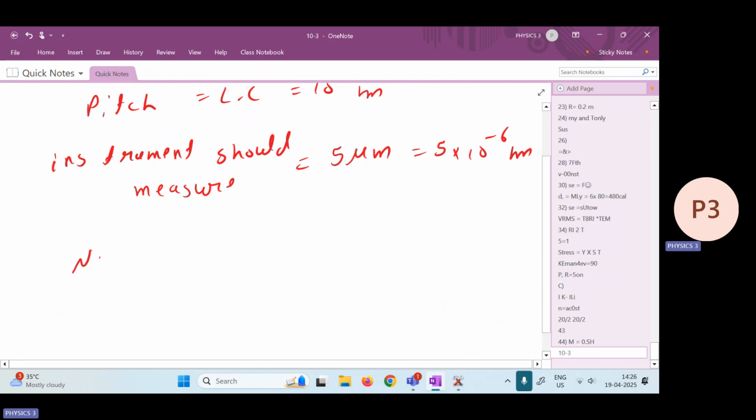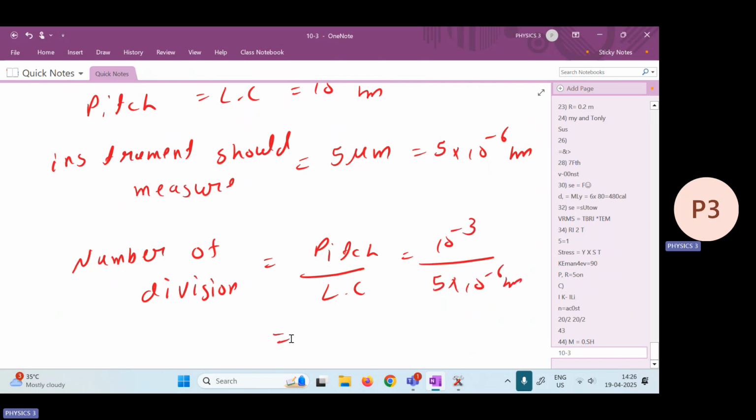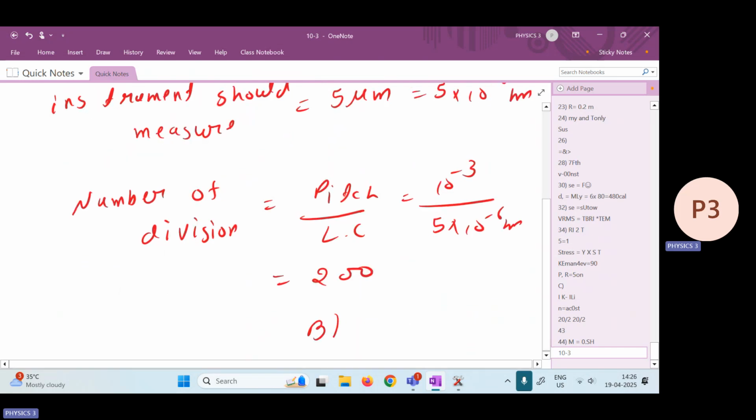So the number of divisions will be pitch upon least count, which we have as 10 to the power minus 3, and this will be 5 into 10 to the power minus 6 meter. So that comes out to be 200. Number of divisions should be 200. So the B option, which says 200, number of divisions 200, is absolutely true. Okay, thank you.